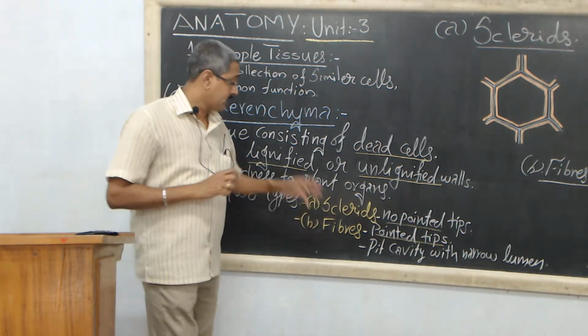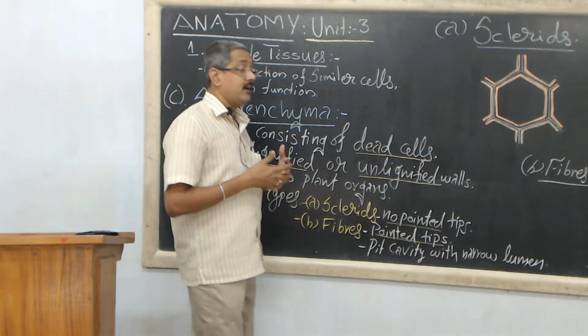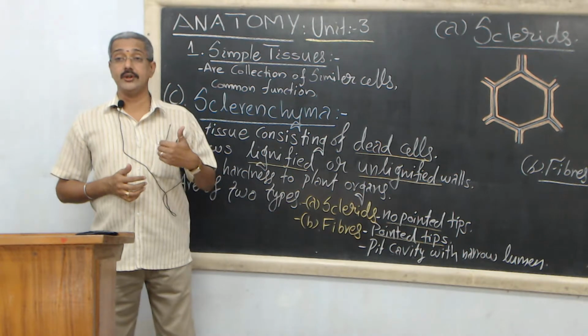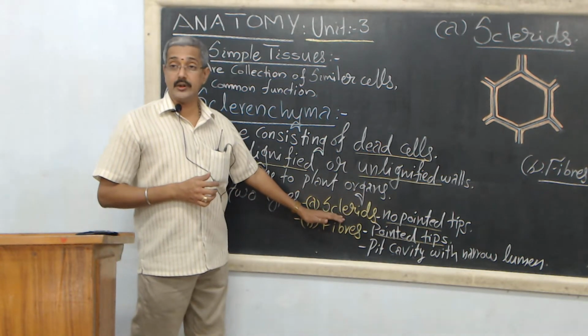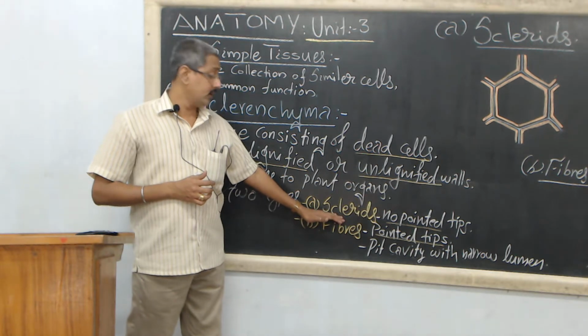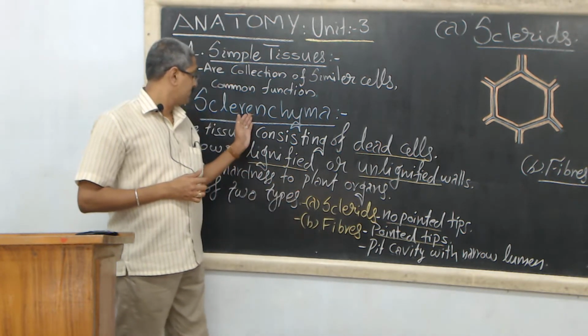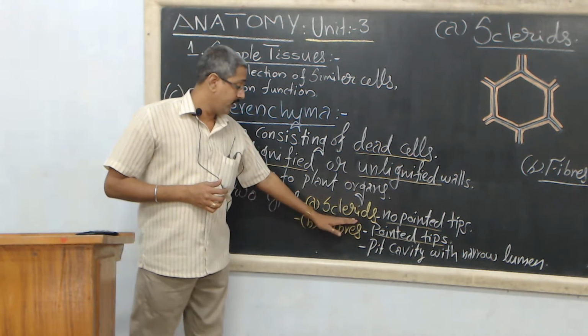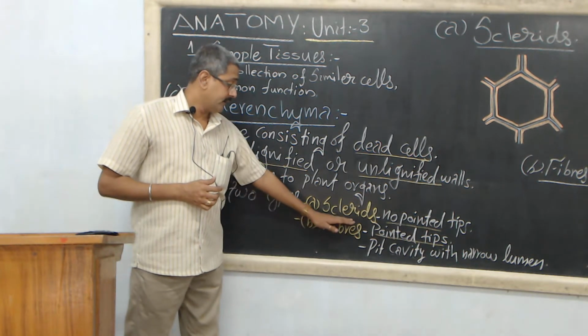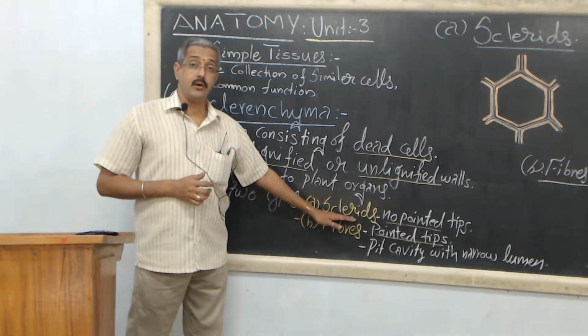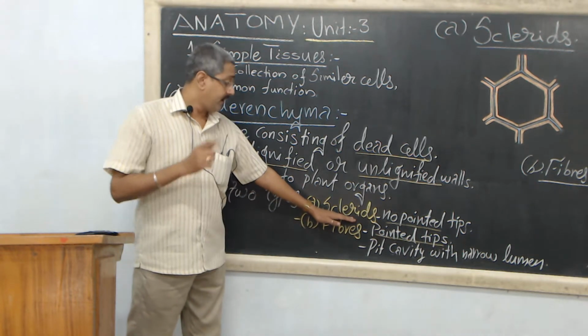How can we differentiate sclerids and fibers? While seeing the structure or internal morphology of the sclerenchyma cells, whether it is a sclerid or a fiber, we can easily differentiate according to their histological differentiation.